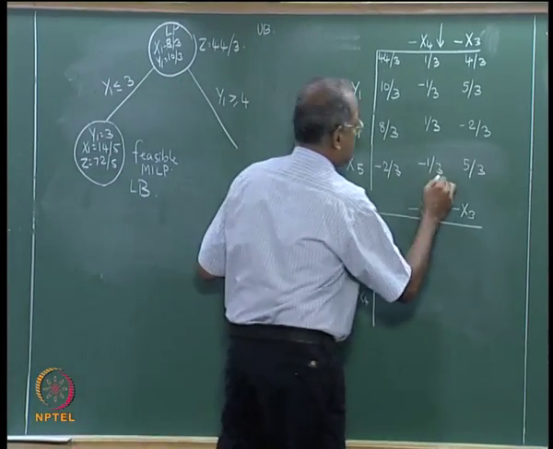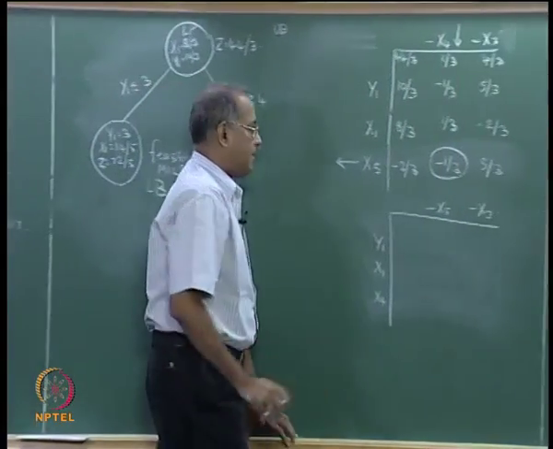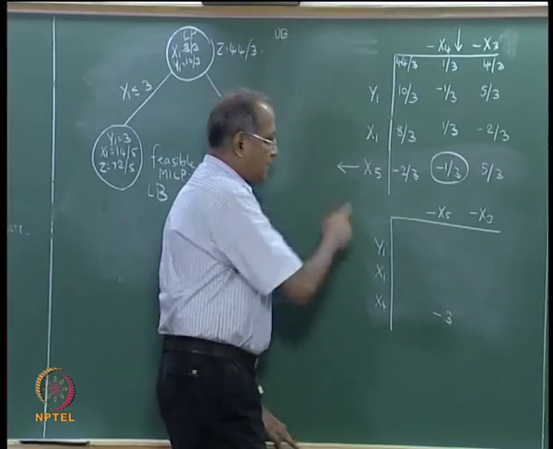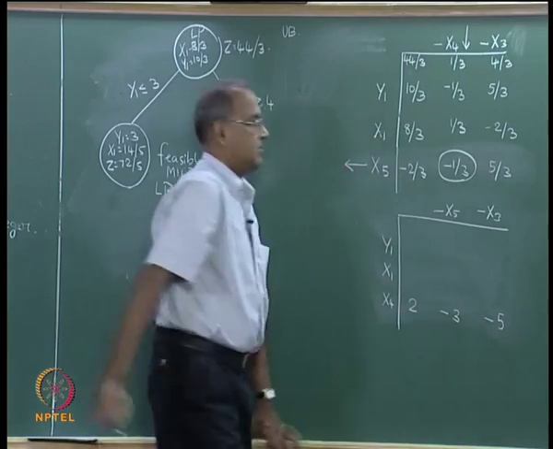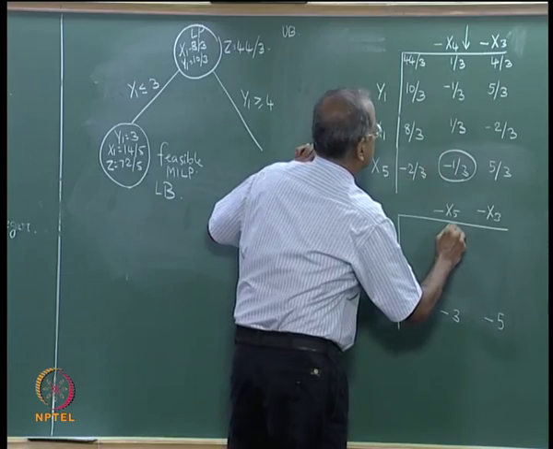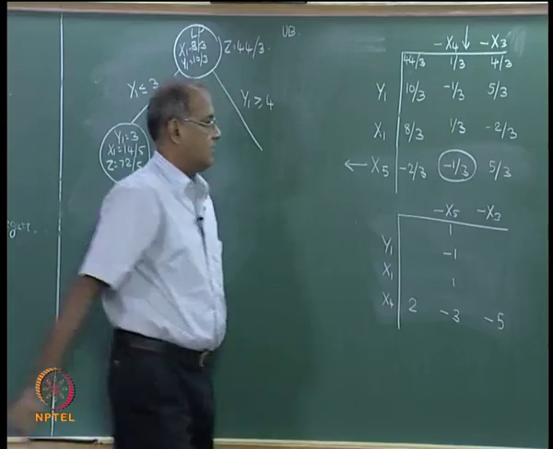This is your pivot. Pivot becomes 1 by pivot, so minus 3, divide by the pivot, so plus 2 and minus 5, divide by negative of the pivot, so 1, minus 1 and 1.